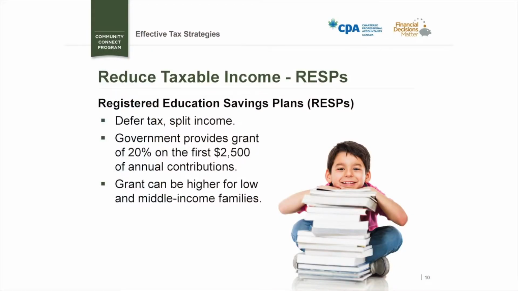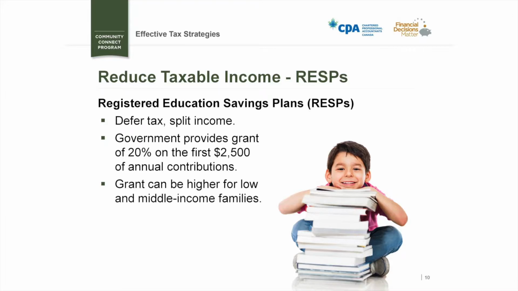Now, another important planning opportunity for parents who have children is a registered education savings plan. Essentially, the way that the registered education savings plan works is that you can make a contribution to a registered plan, you being a parent or a grandparent, for your children or grandchildren.